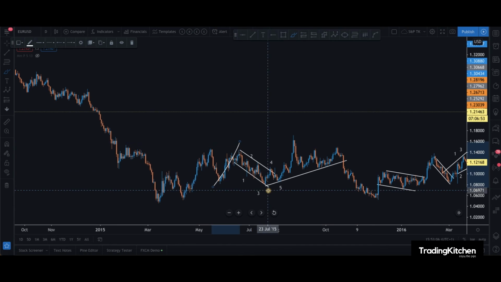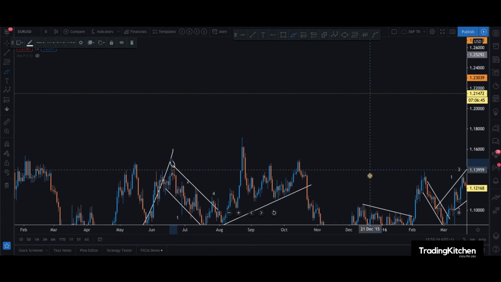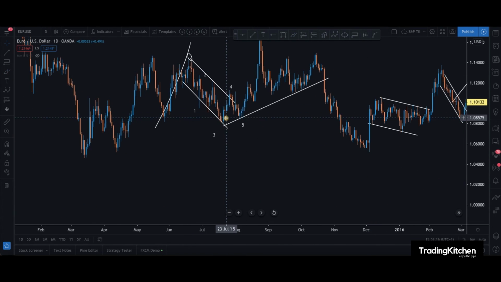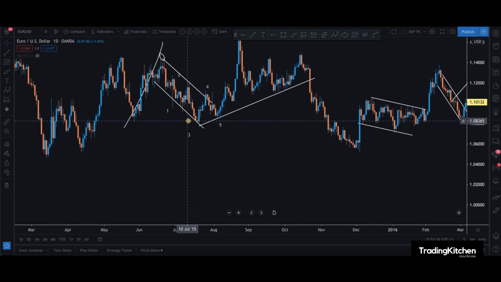Impulse up, channel down, so 0 here, 1, 2, 3, 4 and 5. As you can see here, same thing, 0.5 is above 0.3, and sometimes it happens. Okay, it will never happen with 0.1 and 0.3.